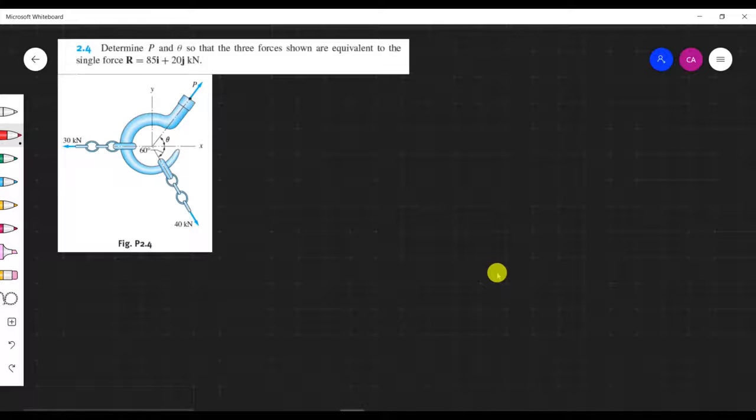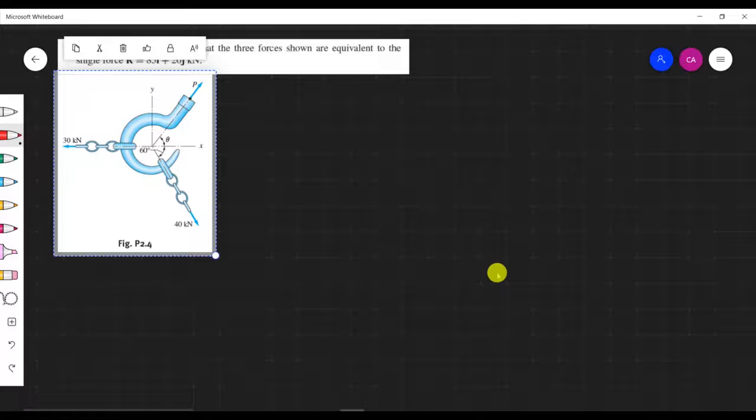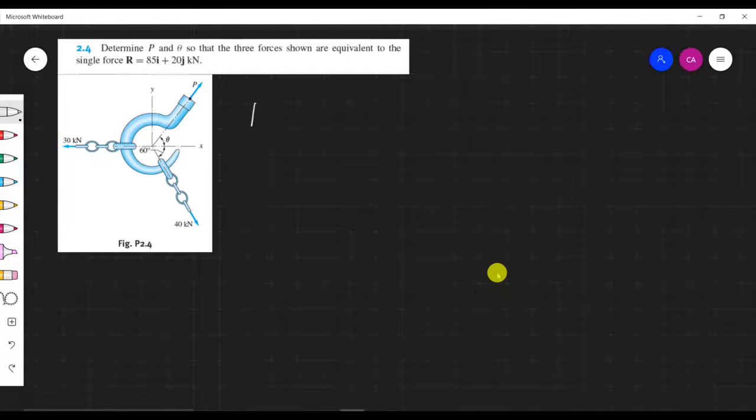Let's list the vectors. Let's call this vector A, vector C, 30. Since it points left, it is negative 30 I. Vector B, which is downward to the right. It points right, so positive 40 cosine 60 I. You can do this if you imagine the triangle.